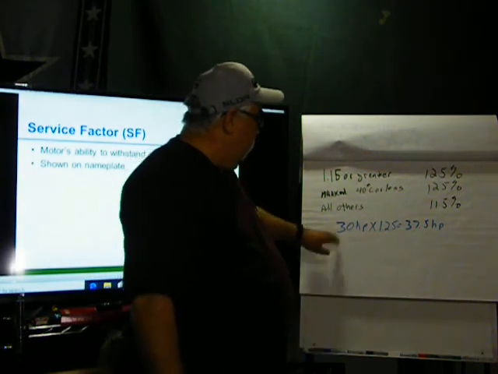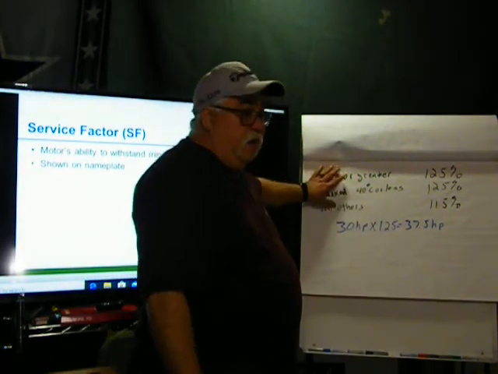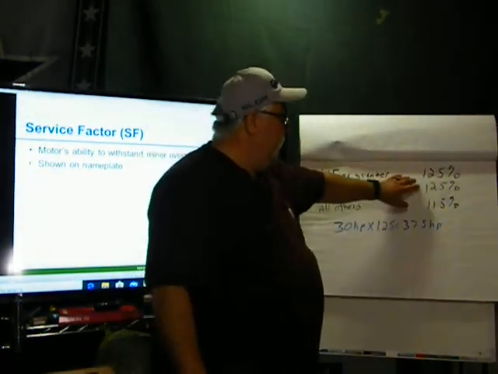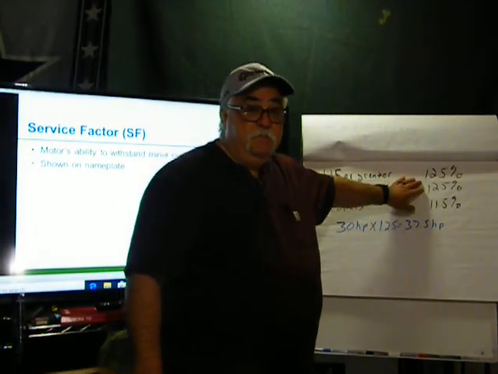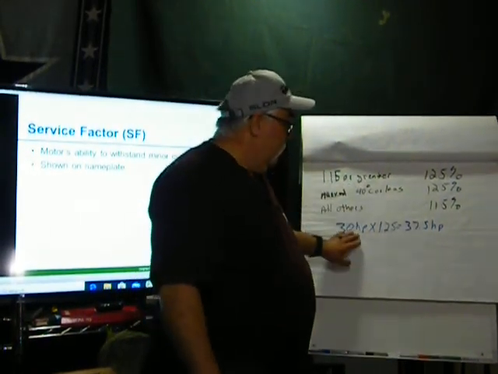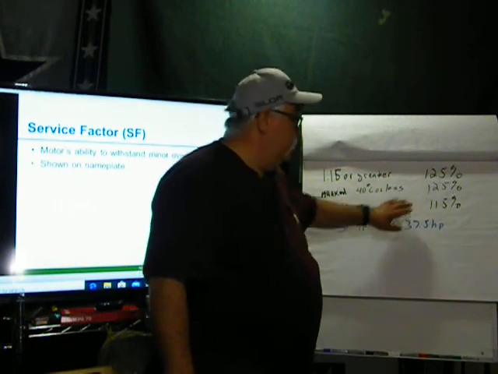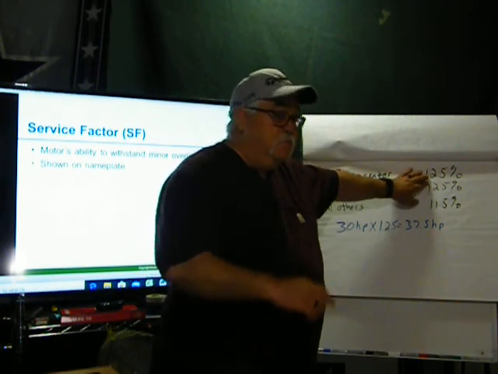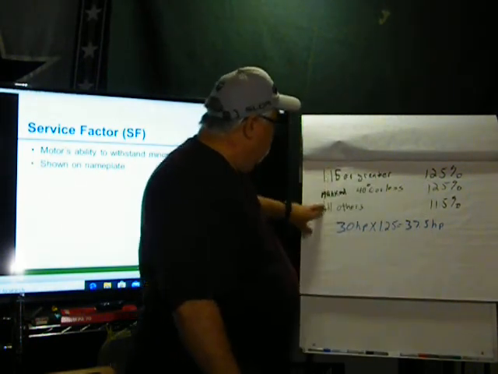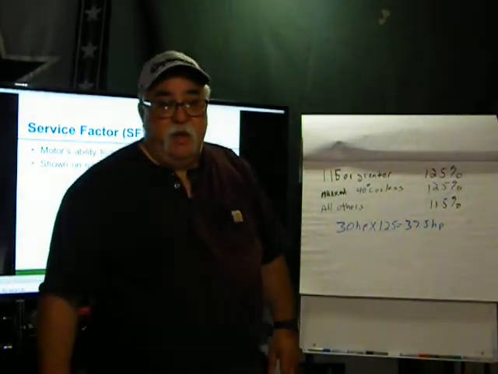Then you get the amperage of the motor and multiply it by the percentage depending on where your motor falls.